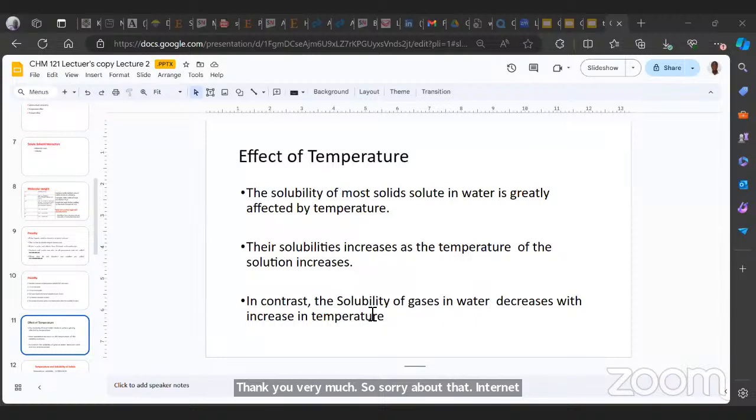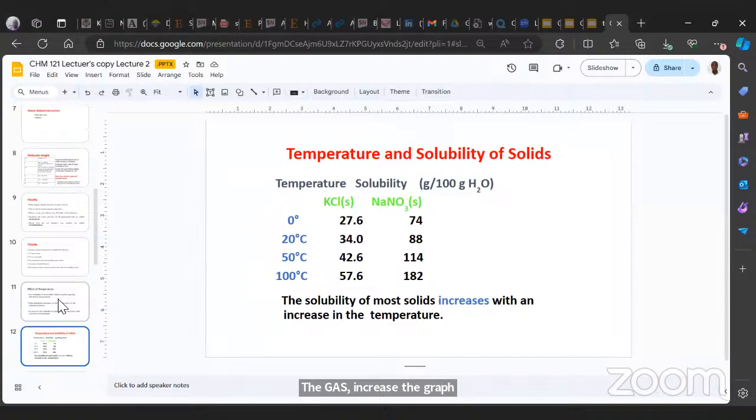So again, I was saying that for solids and liquids, when you increase the temperature, solubility will increase. But that's in contrast with gases. When you increase the temperature, the solubility of gases decreases, because the gas expands and becomes more volatile.